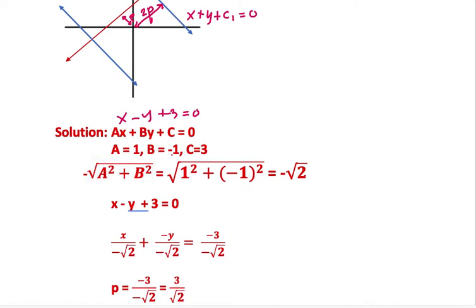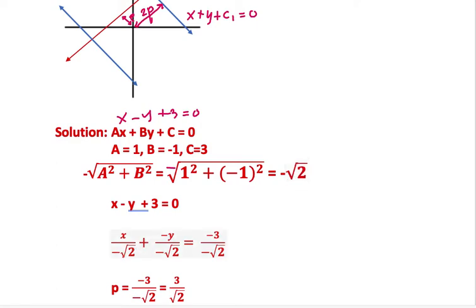Why negative? Because b is negative 1. So let us use negative square root of a squared plus b squared. So negative square root of 1 squared plus negative 1 quantity squared. Negative 1 squared is 1. 1 squared is 1. 1 plus 1 is 2. So our denominator will be negative square root of 2.